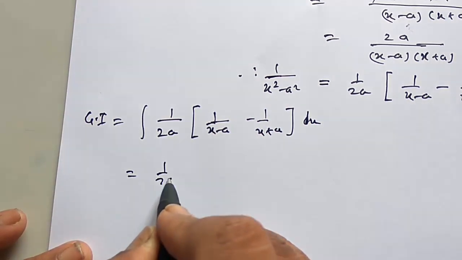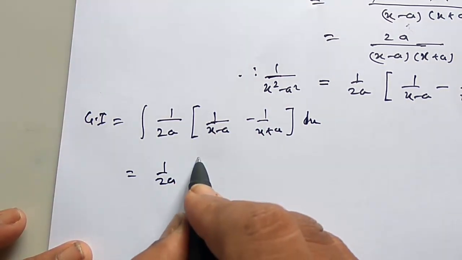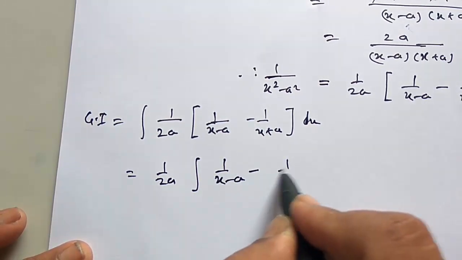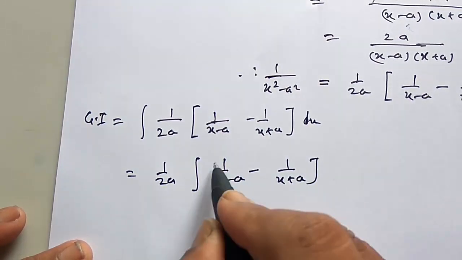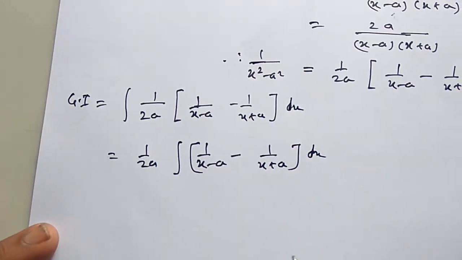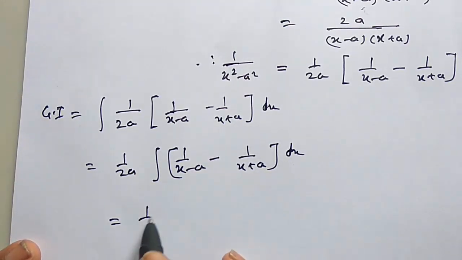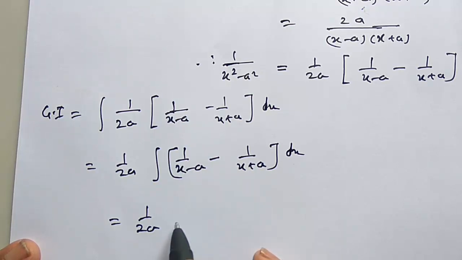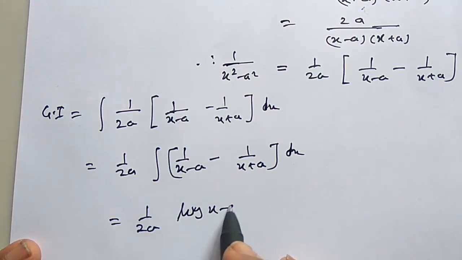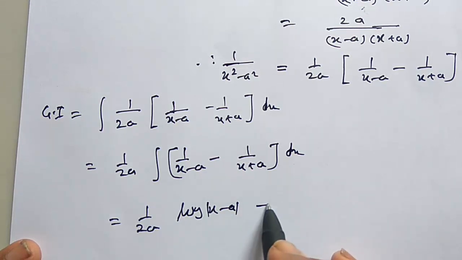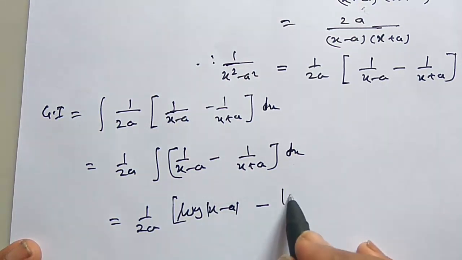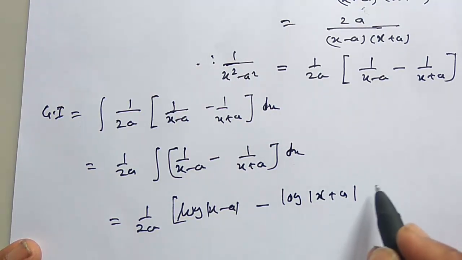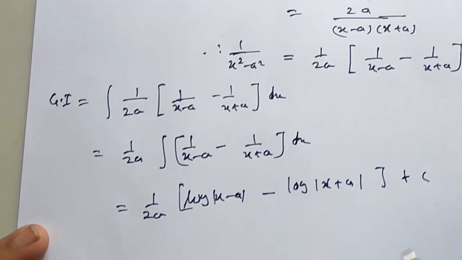Therefore 1 upon twice a is a constant. So the integral of 1 upon x minus a minus 1 upon x plus a dx is equal to 1 upon twice a. The integration of 1 upon x is log of, so it is log of x minus a minus log of x plus a plus some constant.